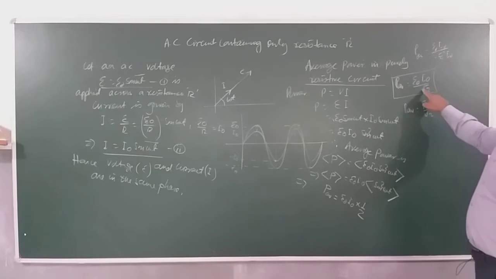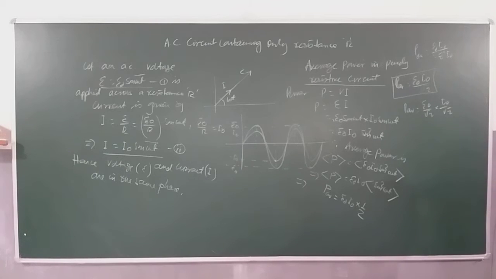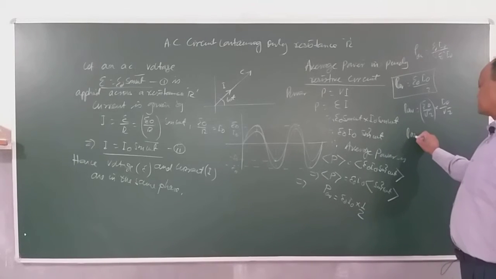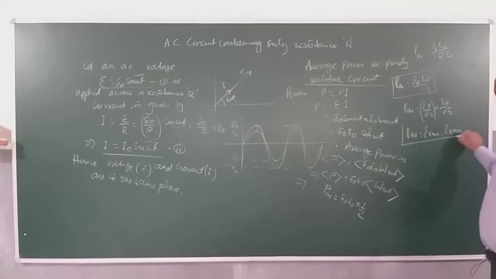Root 2 can be written as root 2 into root 2, and E naught by root 2 is E RMS. So average power can be written as E RMS, and then I naught by root 2 is I RMS. So this is a very interesting result.